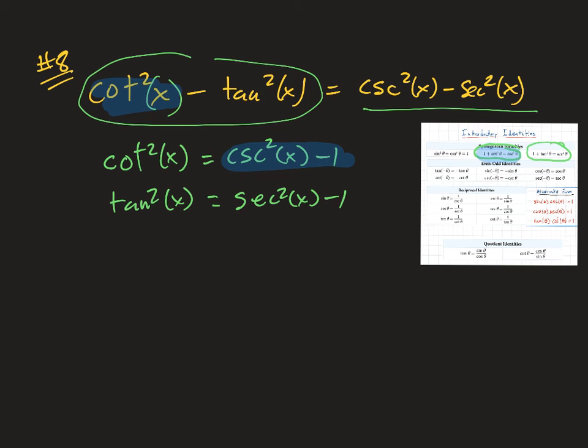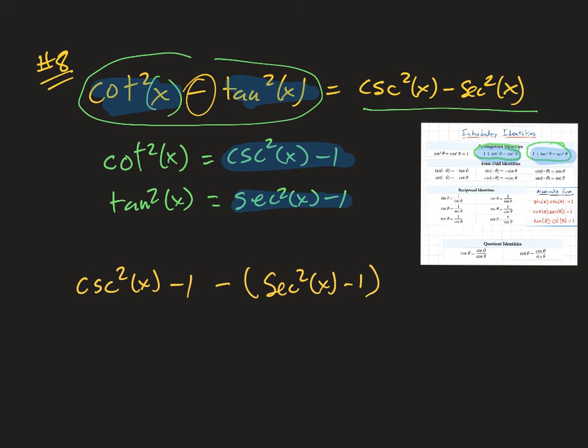So again, I just changed this guy, and what I want to do is put this right here. So let's write all this out and see what we end up with. Instead of cotangent squared x, I'm going to write cosecant squared of x minus 1. Then there's a minus sign right there. And then I'm going to put secant squared of x minus 1.